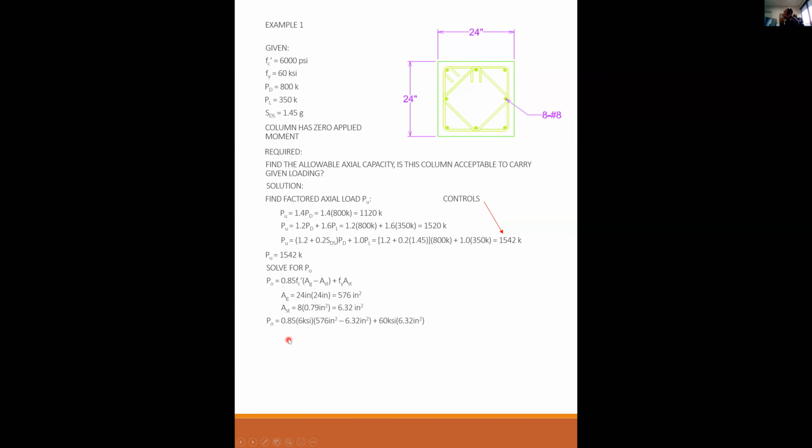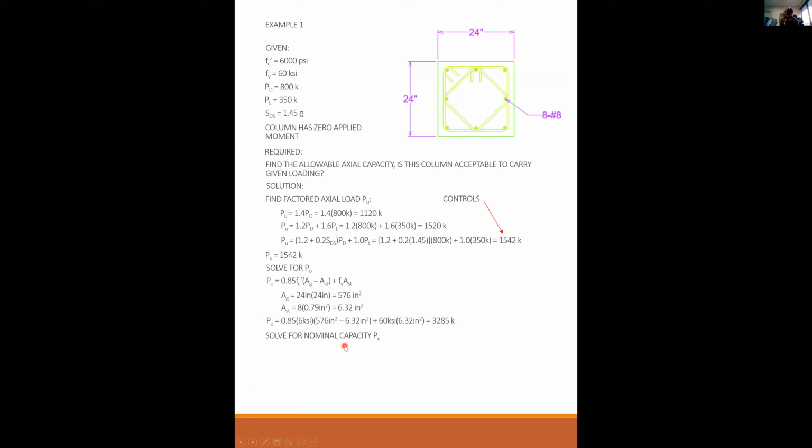So P naught is 0.85 times 6 times (576 minus 6.32) plus 60 times 6.32. I get 3,285 kips. Sounds like a lot, huh? Well, it gets knocked down a bunch. So this is P naught.